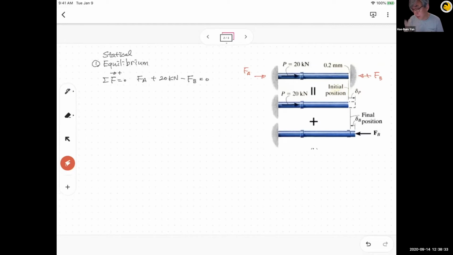In statical equilibrium, we don't deal with deformation, so we just use the sign convention as I said. Make sense?